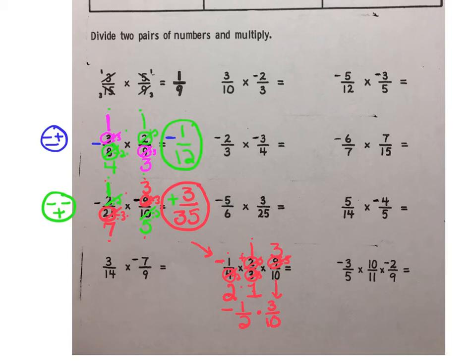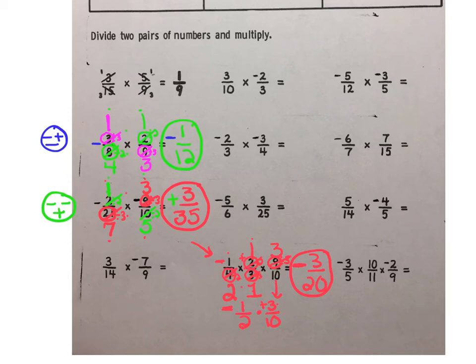And let's continue to multiply. A negative times a positive, of course, gives us a negative answer. And then top times top, that's 3. Bottom times bottom, 2 times 10 is 20. We get a negative 3/20.